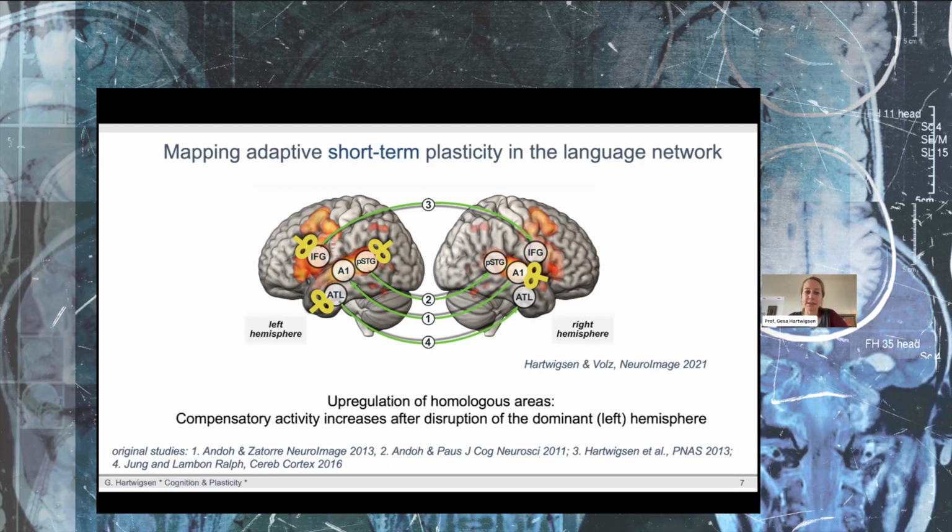And what we see here is that after perturbation of a left hemispheric language area, we see a strong upregulation of homologous areas, so the same areas in the right hemisphere. And this is often taken to reflect compensatory activity increases after disruption of the dominant hemisphere. So after disruption of the dominant hemisphere, the right hemisphere, or the non-dominant one, shows more activity to maintain task function.